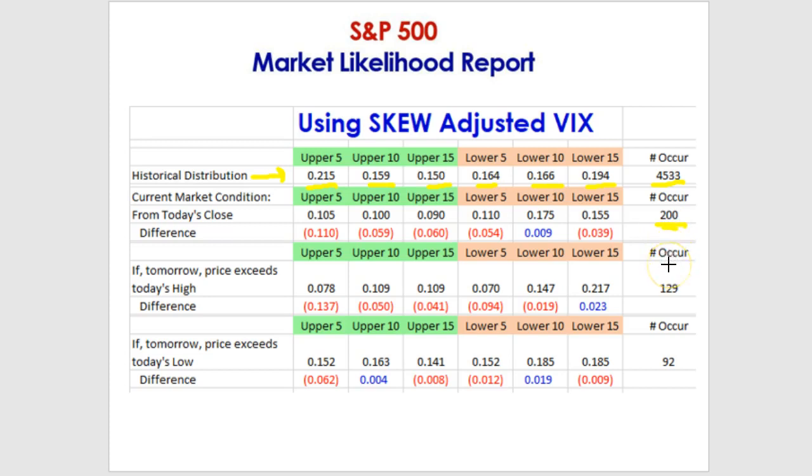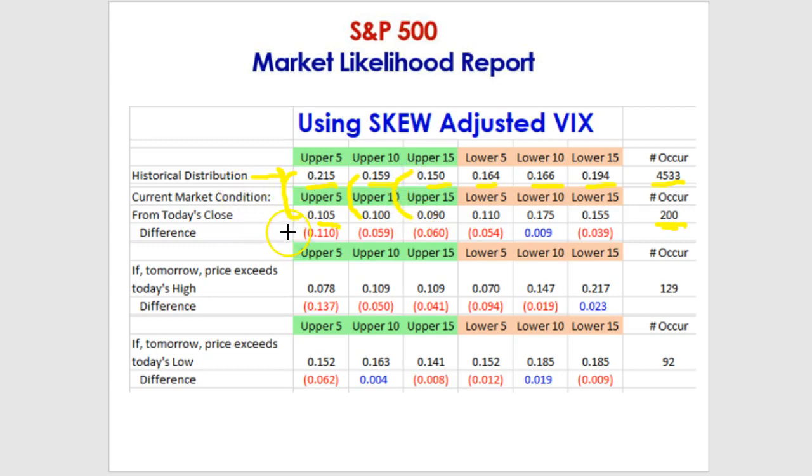Of those 200 non-consecutive occurrences of our current market condition, the upper 5-day band was struck 10.5% of the time. That's a bit lower than the benchmark of 21.5%. Do you see that? The upper 10-day band struck 10% of the time, a bit lower than the benchmark of 15.9. And the upper 15-day band was struck 9% of the time, again, quite a bit lower.